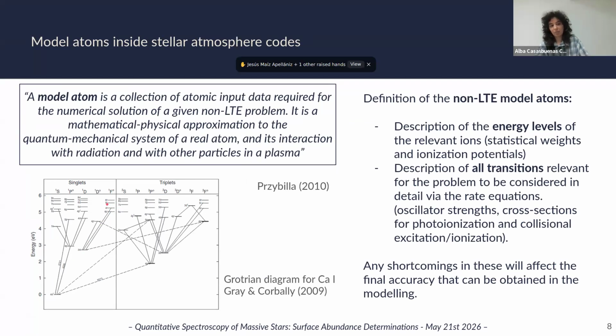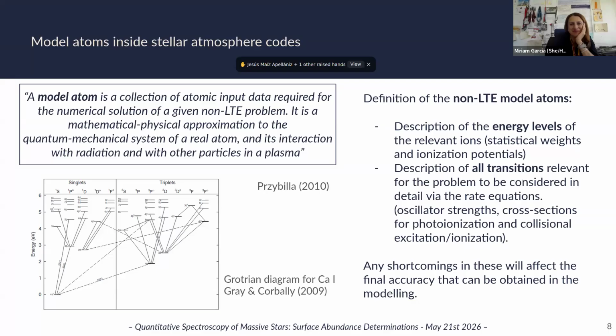So maybe if we add more levels here or more transitions here, so doing all these types of tests while knowing where the lines are and what transitions we are considering, and trying to reduce the scatter in the abundance determination of the lines. So a lot of the times it's hard, for example, for silicon, that we know that there is a lot of problems, but it's always possible to reduce the scatter between the abundance determinations as much as possible, no?